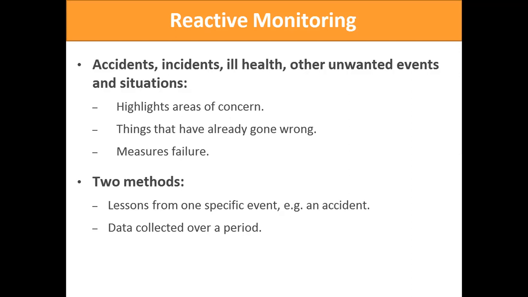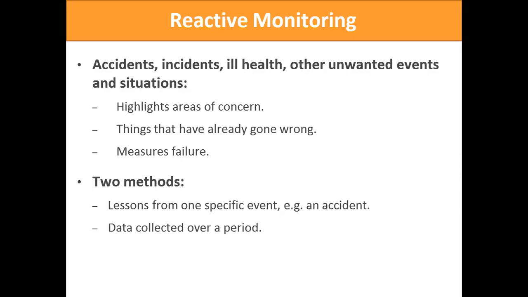We will use the lessons learned, and we will mention the root causes and immediate causes due to which the accident happened. We will write that down in our lessons learned, and we will check that.